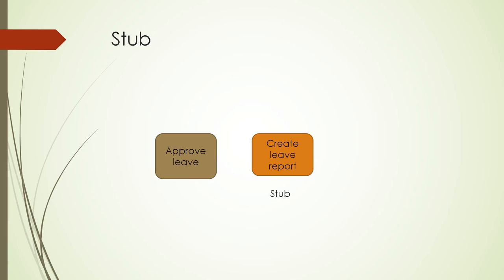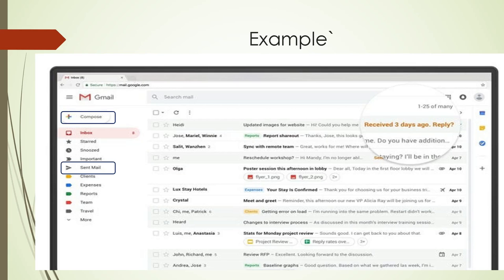Now we are going to see an example of how we actually write the test cases for integration testing. So this is our Gmail account. In this we have two different functions. First, as I have highlighted here, is the compose mail functionality, and second is the sent mail.